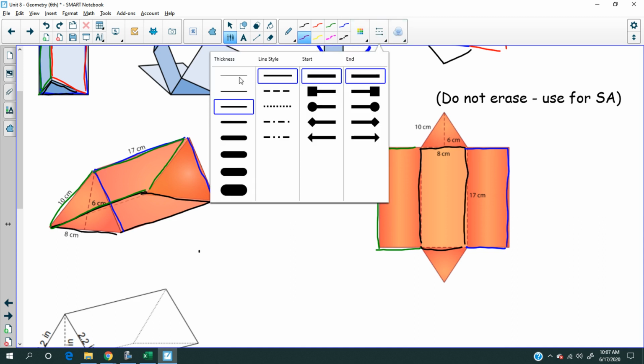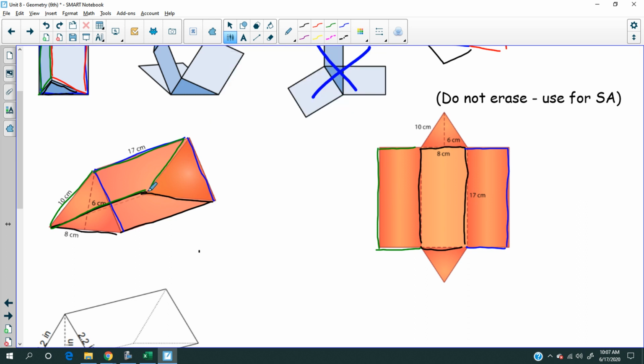Don't forget that. So we got this one, that's this one up top, and then this one at the bottom. Okay, and that's how you do it.